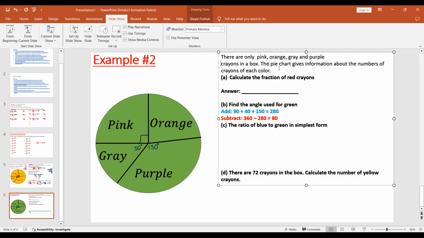The pie chart gives information about it. We want the fraction of pink crayons. I want us to find the angle used for orange.